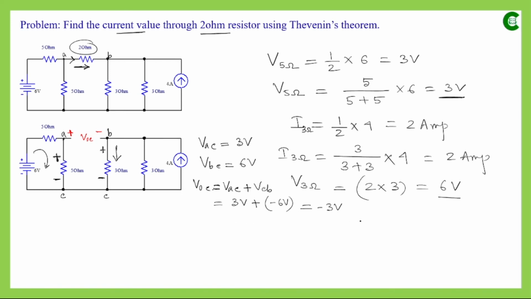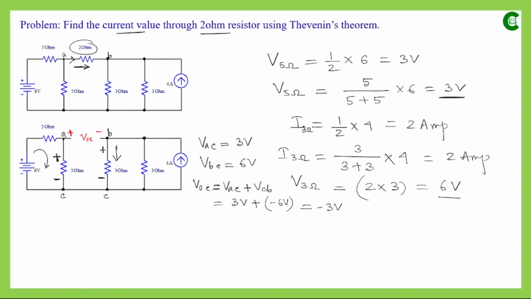So what we can conclude here is that in the original circuit, the current which we assumed as flowing from terminal A to terminal B, from left to right through this 2 ohm resistor, will actually be flowing in the opposite direction.